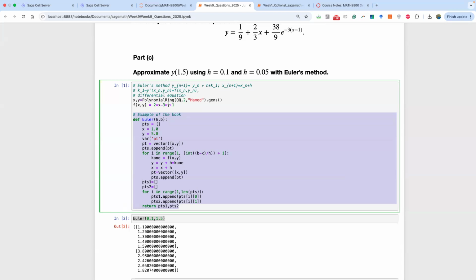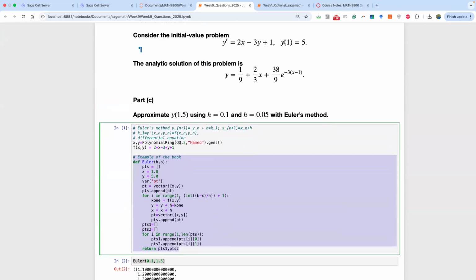And we will gather all the x, y in a list, which we can write as list with parentheses, or in this way, PTS equal to empty brackets. Initial condition is here. So the initial condition is this guy, x equal 1, y equal 5.